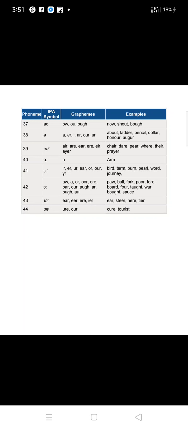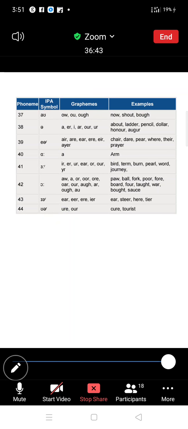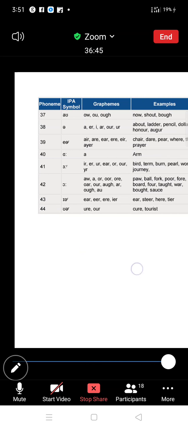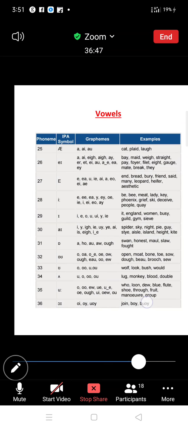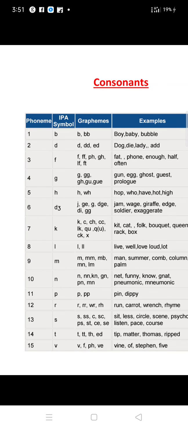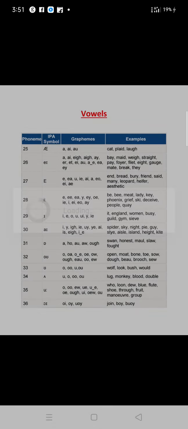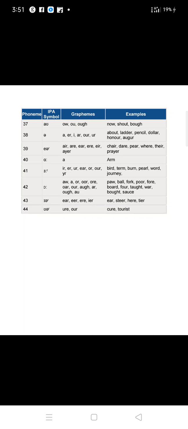And then number 38. And then t. T is number 14, here you can see. And then the last one is a diphthong.